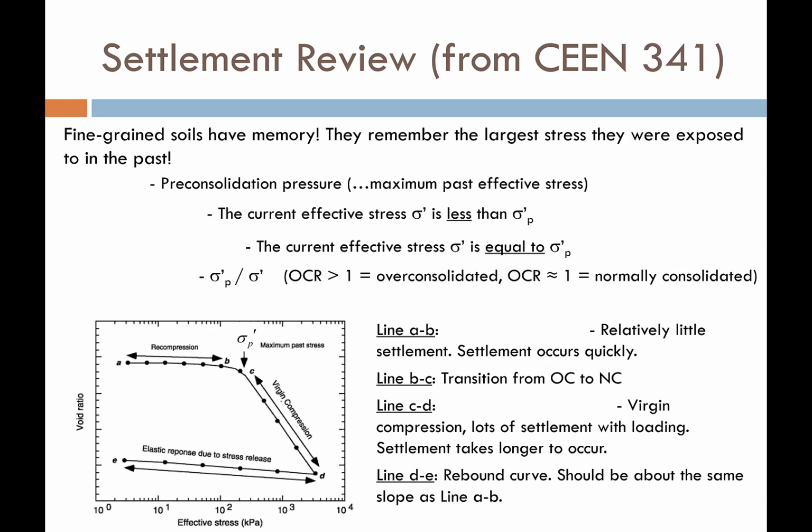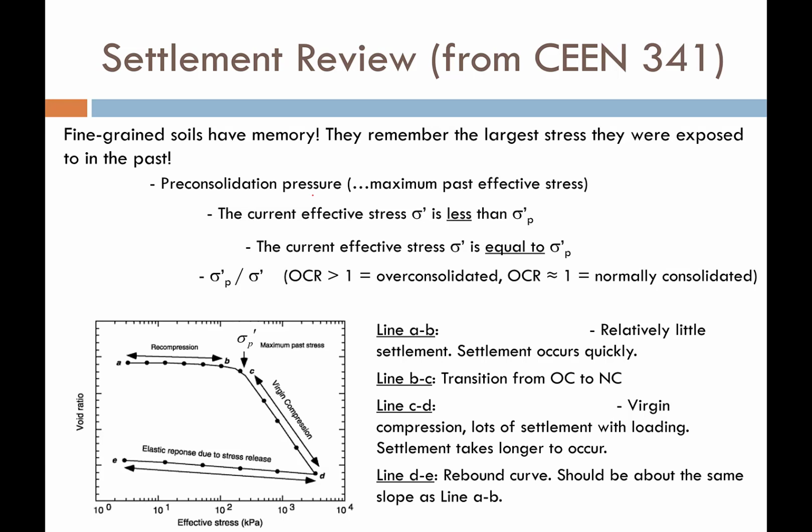Now, all of this is because the soil itself, the fine-grained soil, has memory, which is pretty remarkable. The soil fabric remembers the largest stress that it was ever exposed to in its past. And it doesn't matter if the stress was thousands of years ago. The fabric remembers what that stress is.